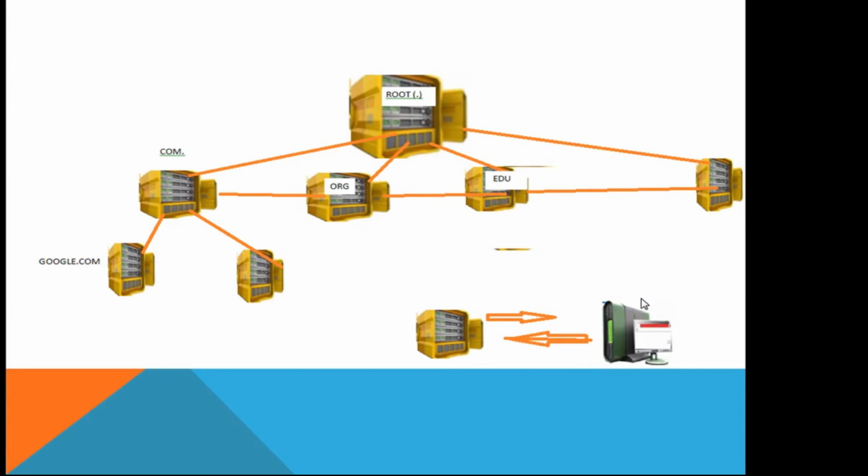Alright, now once again, if your computer is asking for the information of microsoft.com, what is the IP address of microsoft.com, your local DNS searches in its own database. If it finds the information, it will directly give you the information about microsoft.com. In this situation, that becomes the authoritative DNS.